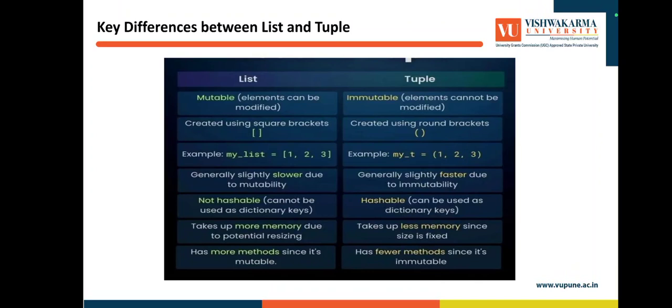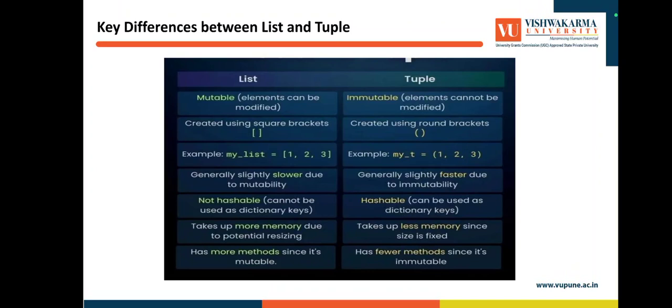A list has no hashing, so it cannot be used as a dictionary key, but a tuple is hashable and can be used as a dictionary key, as it is immutable. A list takes more memory due to potential resizing, but a tuple takes less memory since it is fixed and we cannot reallocate the position or variable location once it is created. A list has more methods since it is mutable, which means we can modify the elements or data in a specific list.